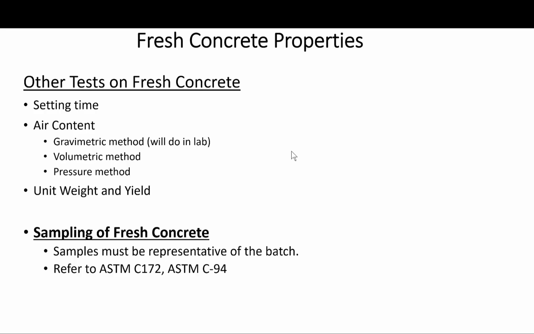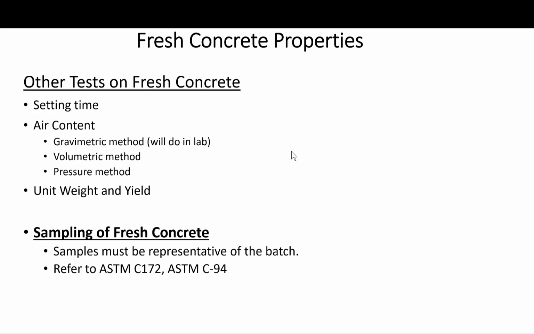So the first consideration in testing fresh concrete is that the concrete tested must be truly representative of the batch we are testing. So this is, of course, very much a matter of judgment and experience. So it is difficult to lay down hard and fast rules to define what is representative.